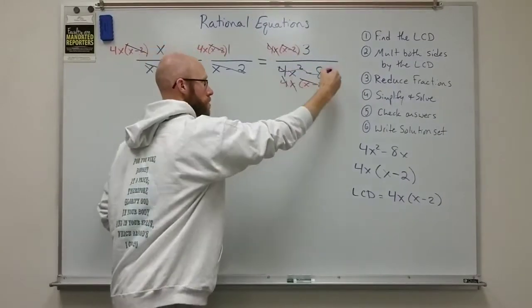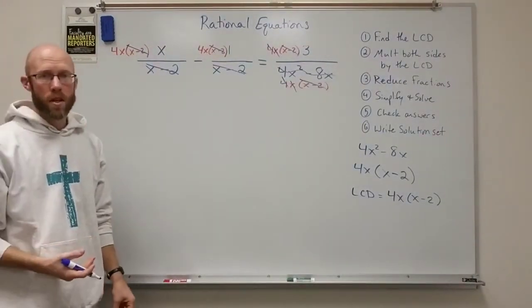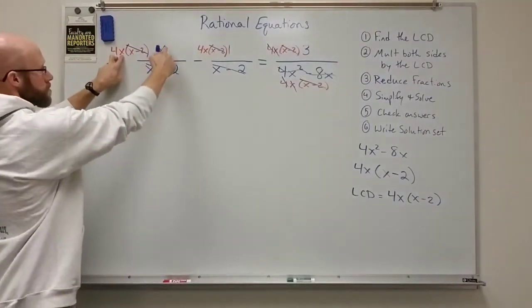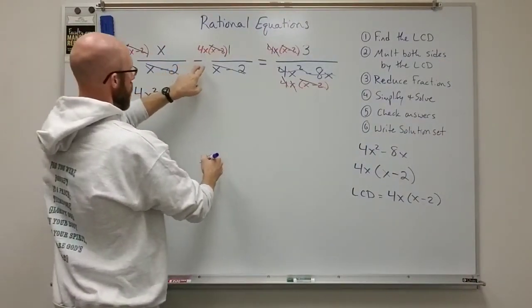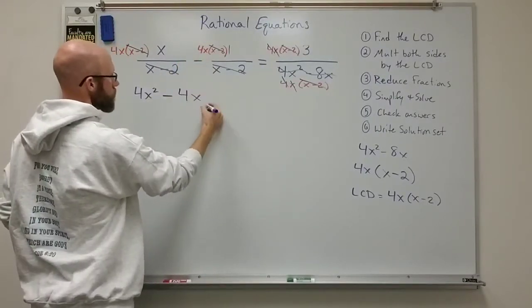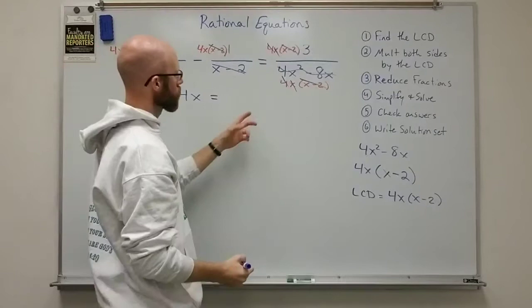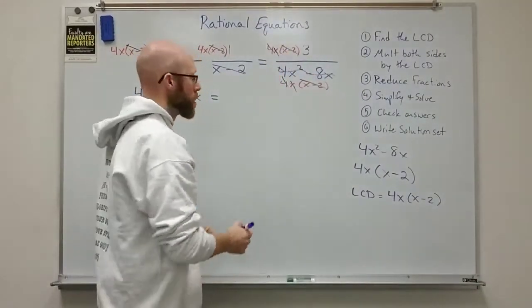That essentially eliminates that entire denominator. So the resulting equation is going to be 4x times x, which is 4x squared, minus 4x times 1, which is 4x. And that's going to be equal to, well, the only thing left over here is a 3. The denominator's gone and everything else on top is gone.